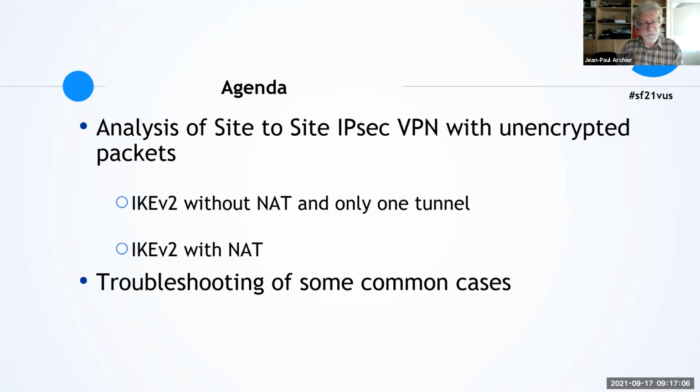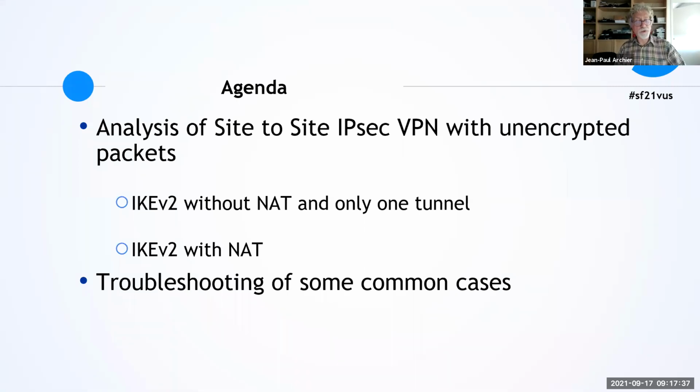If I have some time remaining at the end of the presentation, perhaps we could have a look at some catch-up with version 1. I will deal mainly with two cases: version 2 without any network translation between the two sites, and a situation where there is some translation occurring between the two sites.